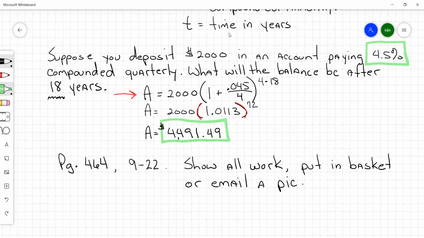Got it? All right, that's your assignment for today. Page 464, 9 through 22, you got to show all your work if you want credit. If you're in class, you're going to put it in the basket when the bell rings. If you're an e-learner, you're going to email me a picture of it when it's 100% complete.